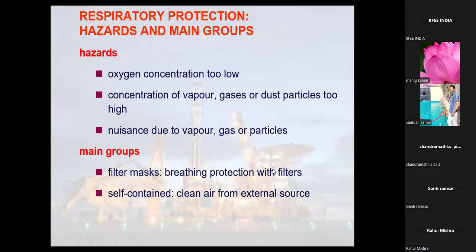It does not guarantee 100% that the filtration takes place. But if we use a self-contained breathing apparatus, it gives assurance of 100% clean air from the external source. So these are the two main groups of breathing apparatus that are used.